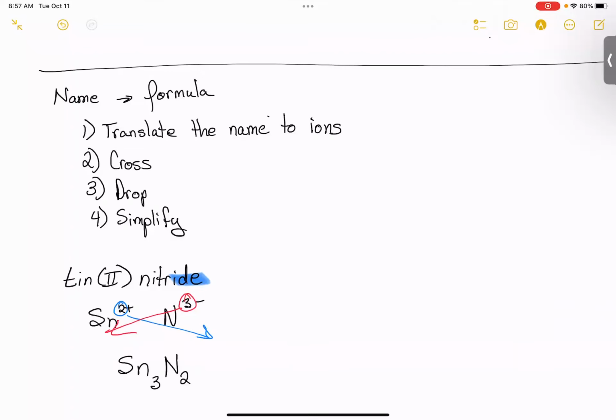Let's look at another one. Let's look at chromium-VI oxide. I see a Roman numeral, so it must be telling me the charge on my metal, which is a 6+.